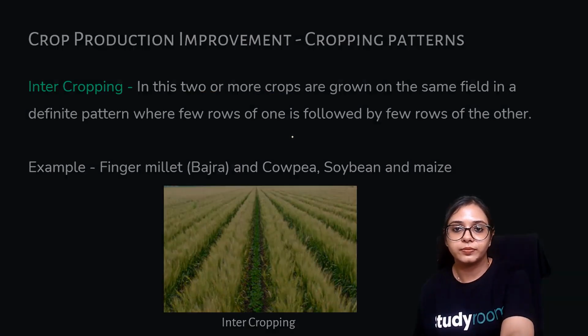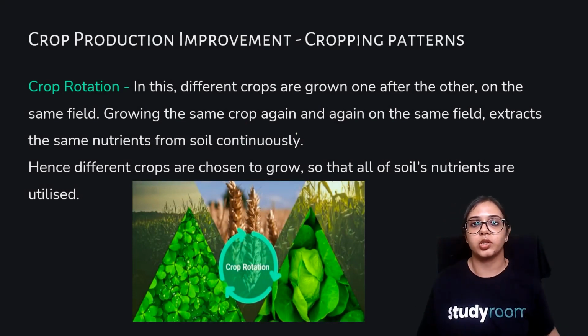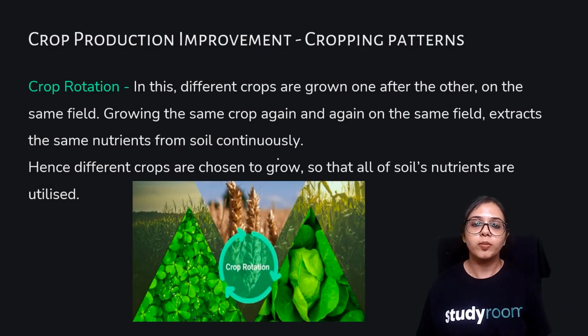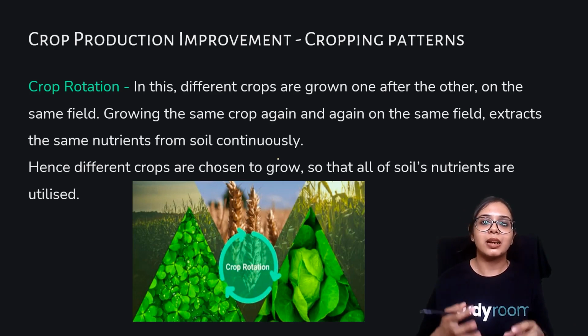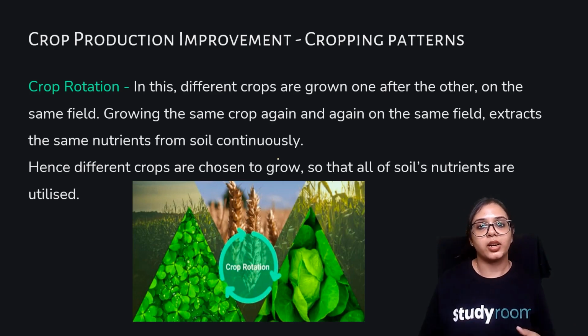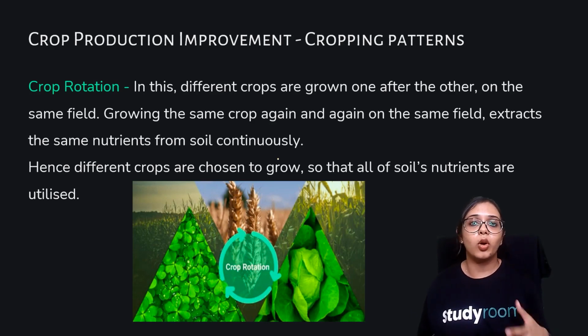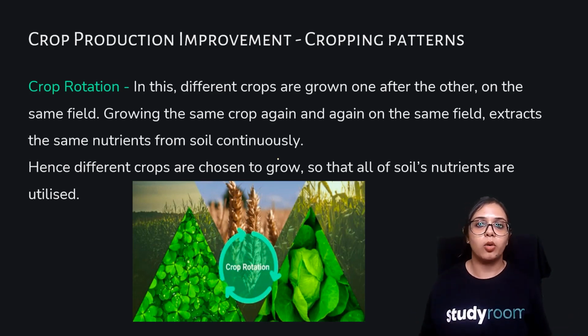All right. Lastly, you have the crop rotation. Now, like I had told you in one of the previous slides, if you will be sowing only one kind of crop in that farmland, then ultimately whatever nutrients that particular crop is using, it will be all exhausted. The soil would be exhausted of all those nutrients, right? Because you are growing the same kind of crops over and over again.